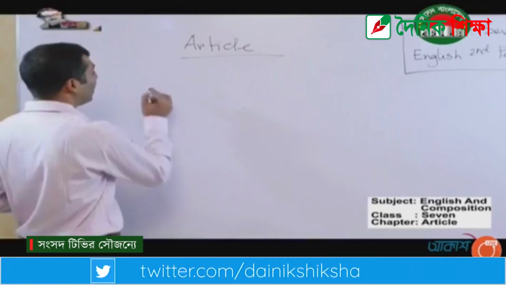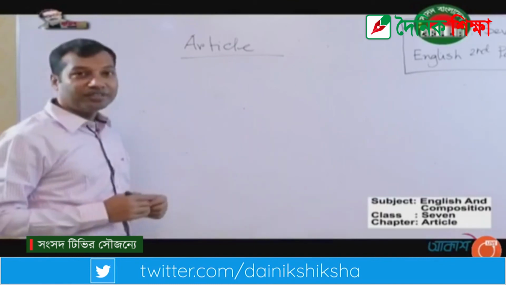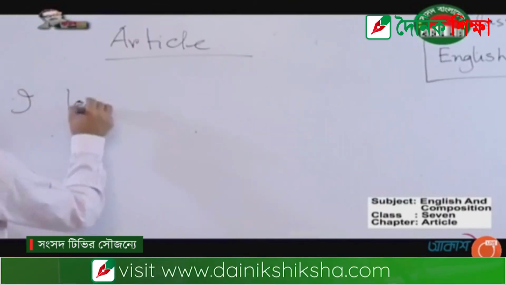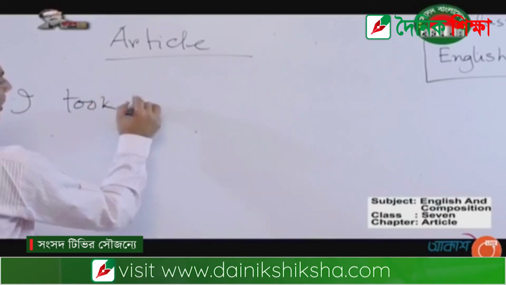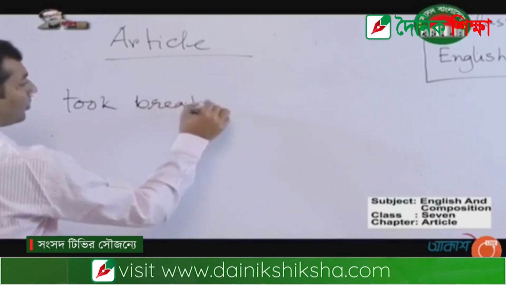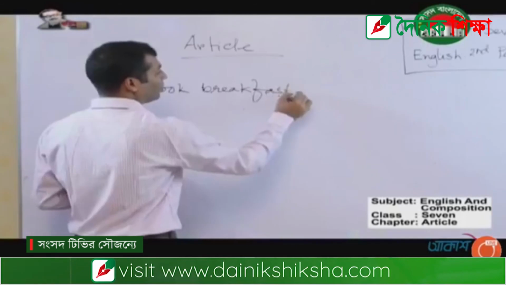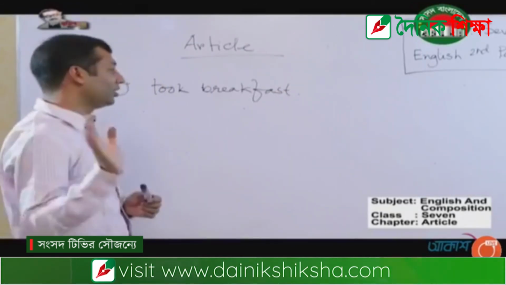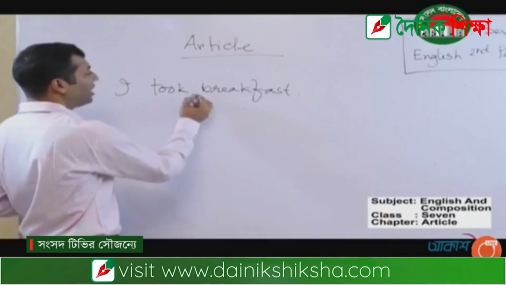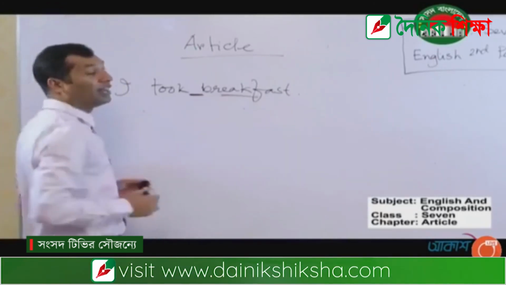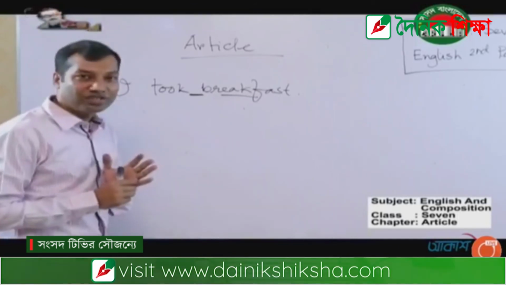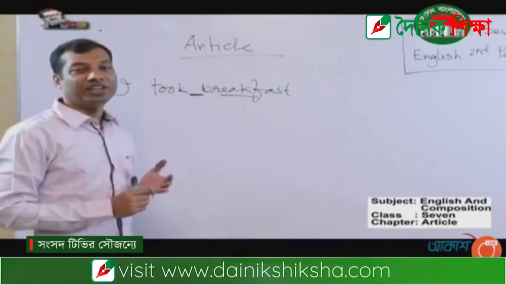For example, lunch, dinner, supper, breakfast. I took breakfast. You cannot say I took the breakfast or I took a breakfast. You cannot use any article before the names of the meals. The names of the meals are breakfast, lunch, supper or dinner.